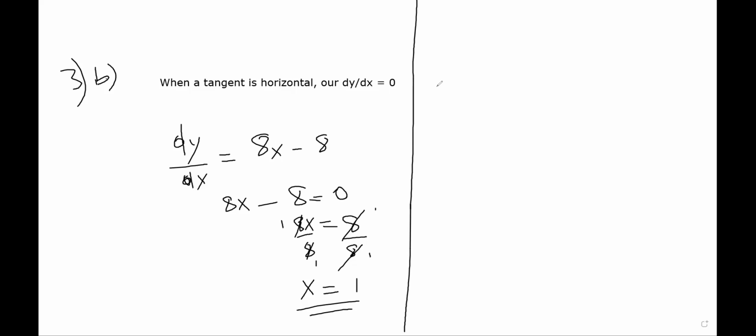All right, so our original equation, as was given in the question, has y equal to 4x squared minus 8x plus 1. Cool? That's our original equation.